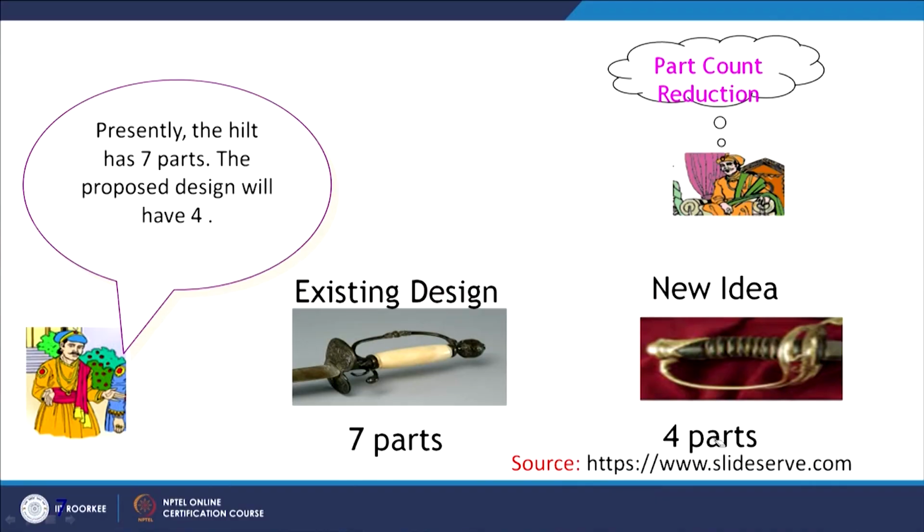So the first idea which the minister is giving is that the current hilt has 7 parts, but the new design of the hilt must only have 4 parts which are essential and which will not compromise on any of the functional requirements of the product.